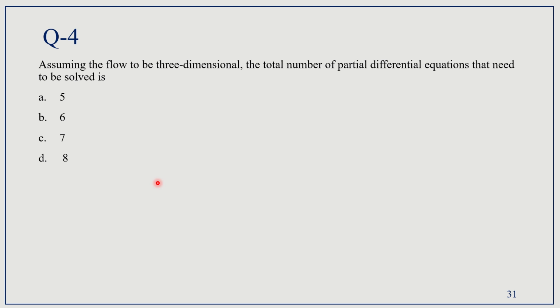We need to solve 4 minus 1, that is, number of species minus 1. Because the total is already there in the continuity equation, it is minus 1. So here we have 3, and one more energy conservation equation, which adds up to 1. So here 4, and with mass and momentum conservation we have 4. So on the whole it is 8 equations.